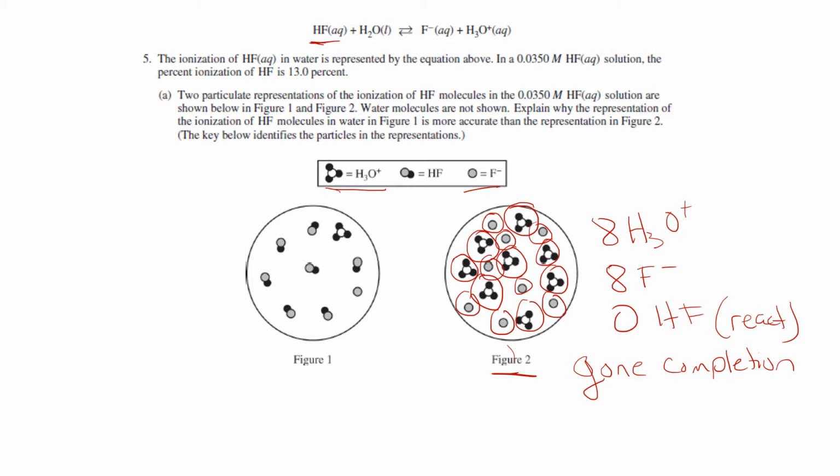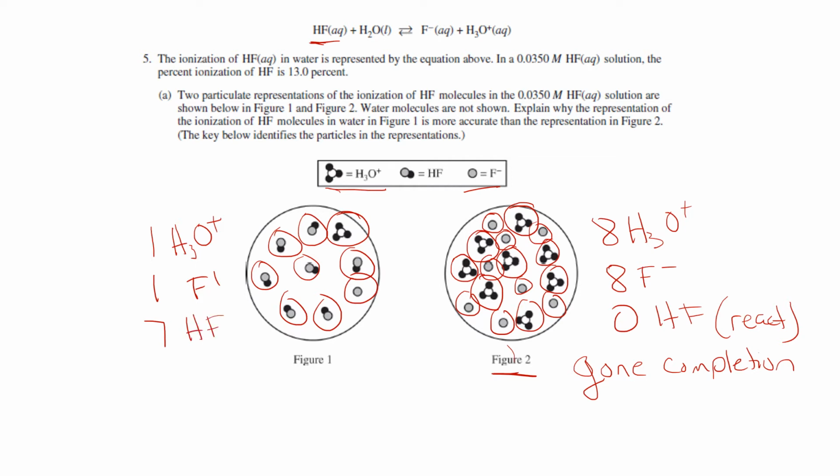Now in figure 1, all I have is 1 hydronium ion. I've got 1 fluorine ion, and I've got 1, 2, 3, 4, 5, 6, 7. So I've got 7 of my HF.